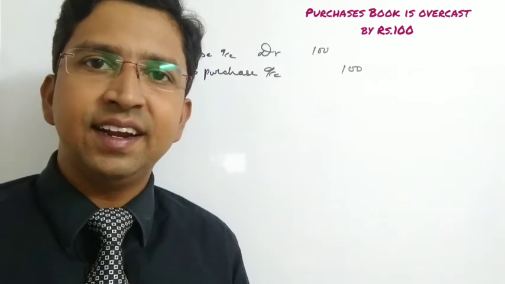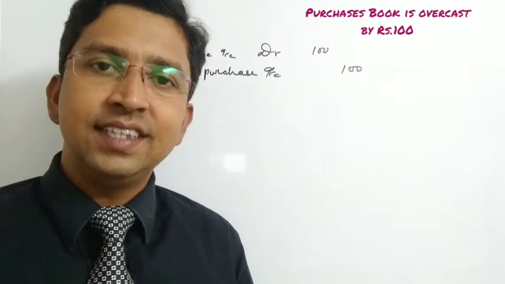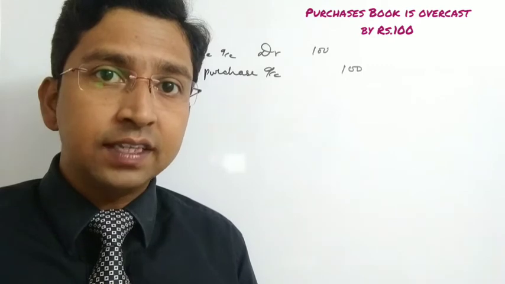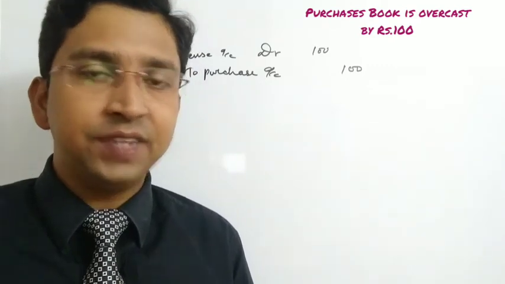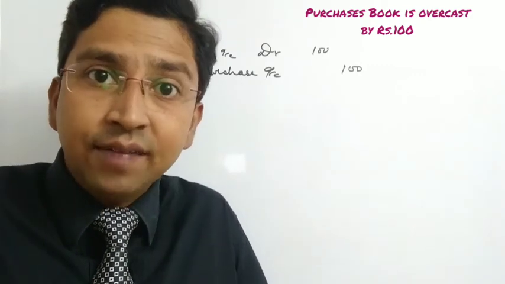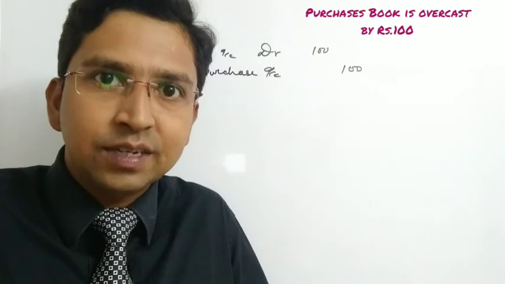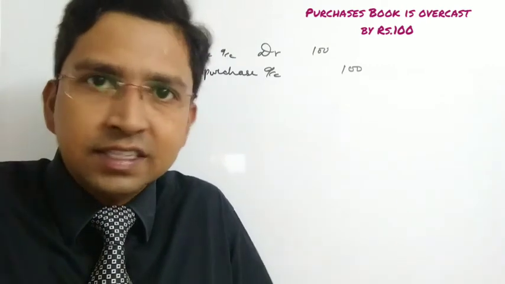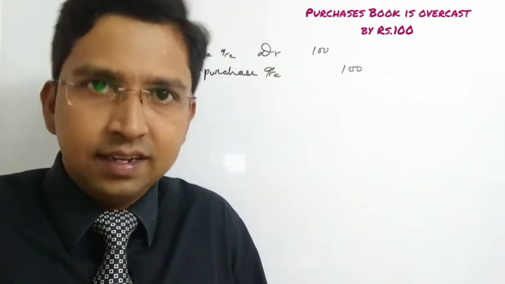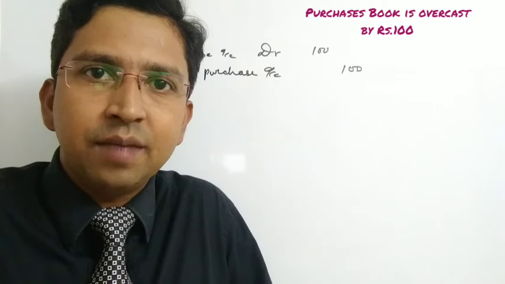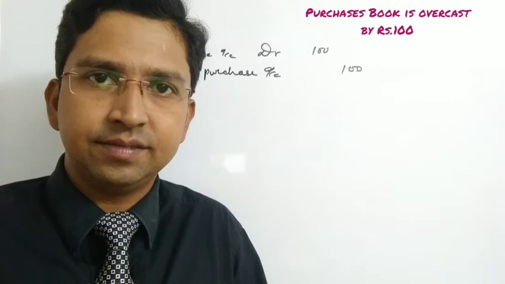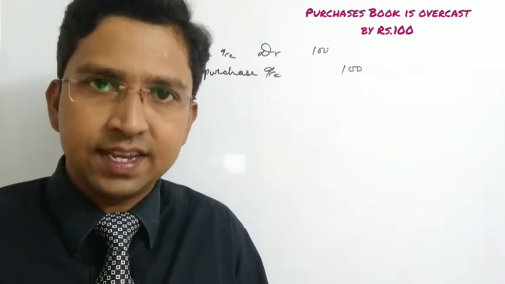If it's a two-sided error, what will happen? Listen here, a two-sided error will not affect the preparation of the trial balance, so we cannot reveal such an error with the help of the trial balance. So the accountant would not have transferred any difference amount to the suspense account, because he must not have found any differences. In that case, we need to give the normal journal entry. I hope you can understand. I just want to repeat once again.